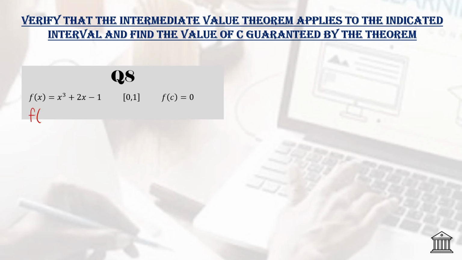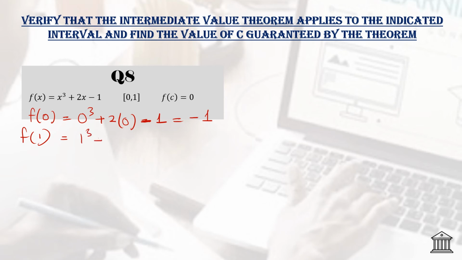So find out what f of 0 equals. On replacing x by 0 in the original equation, we will get negative 1. And what will happen if I replace x by 1 to get the y value at 1?